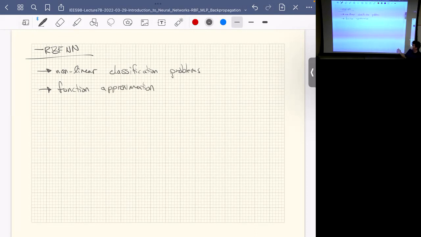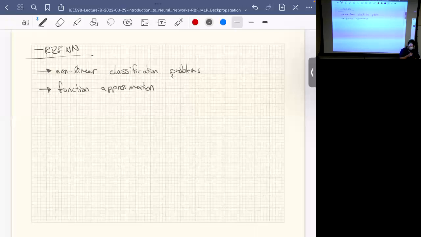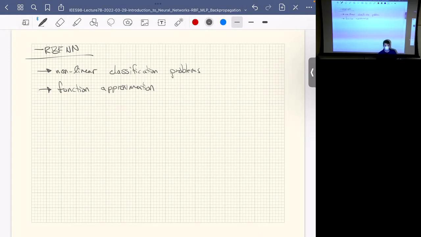In other words, let's say you have a simulation that maps inputs to outputs, and you don't have a mathematical expression that models that simulation. Well, you can take a bunch of the inputs and a bunch of the outputs from your simulation and train a radial basis function to approximate what the sim will give you.